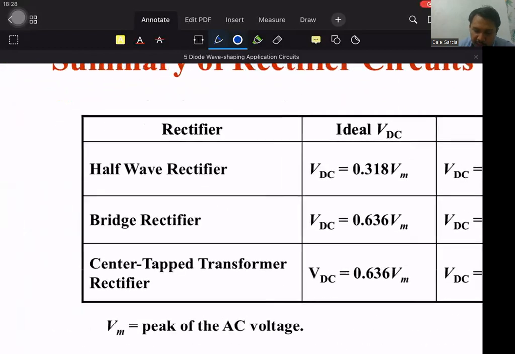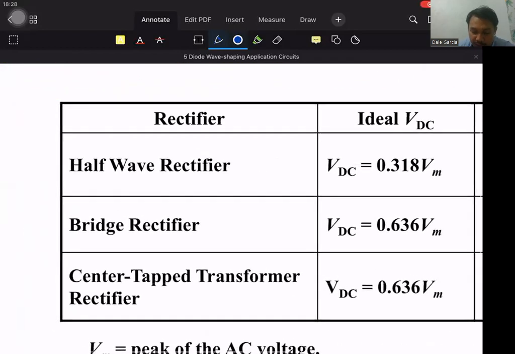So these are the formulas that we'll be using to compute for the DC voltage. Again, the DC voltage is the voltage that will be measured by our voltmeter in DC mode. These formulas are used. Pareho ra ang sa bridge ug center tap, 0.636. So ang 0.318 times 2 lang na siya, mao nang 0.636.